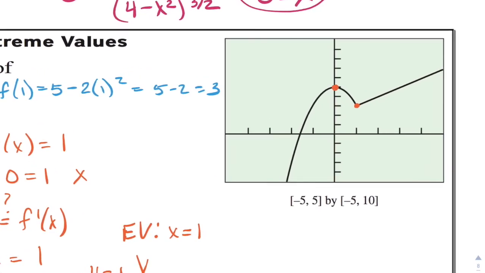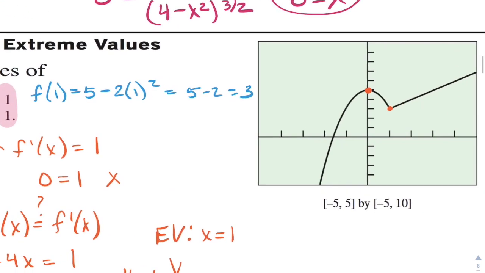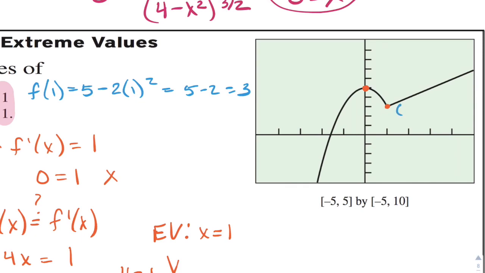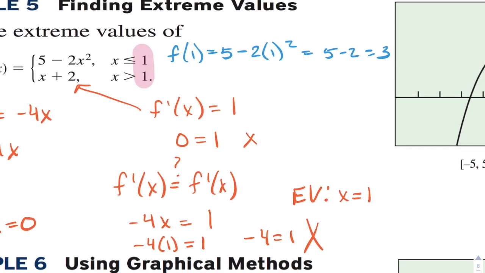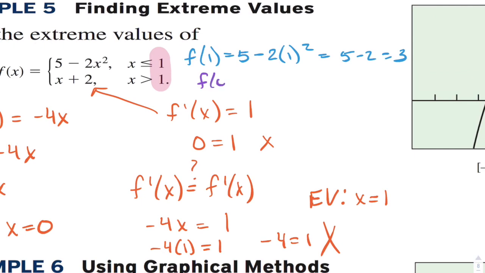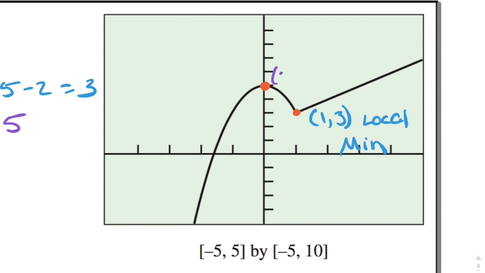So the location is 1 comma 3, and that is a local min. And then at my other location, I'm going to find out what my output is. I'm going to say f of 0. I'm going to do 5 minus 2 times 0. So it's 5. So this one is 0 comma 5, and that's a local max.